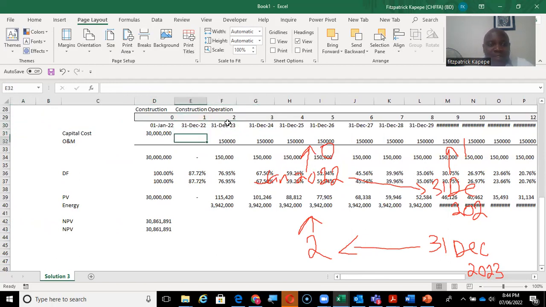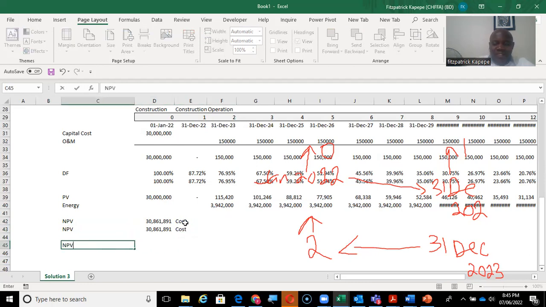So meaning that you have the construction period in here. Then your energy is starting from this side. So your NPV for this energy. So these were NPV in terms of the cost. So this is what you would do. This is your NPV in terms of your kilowatt hours.